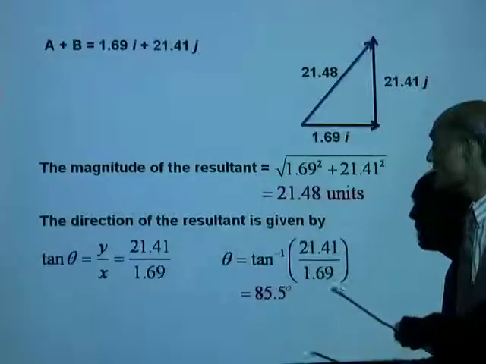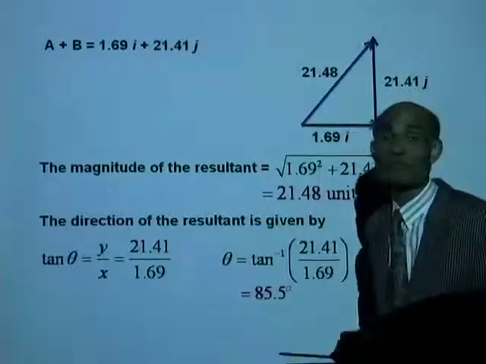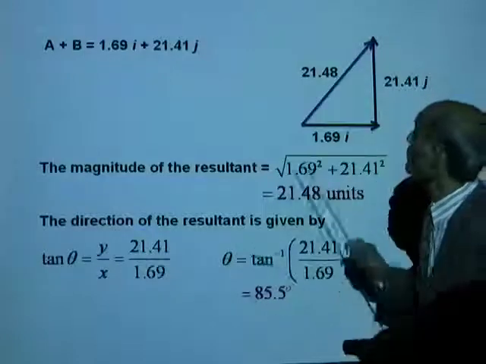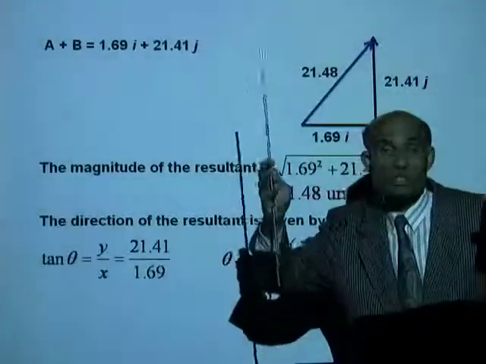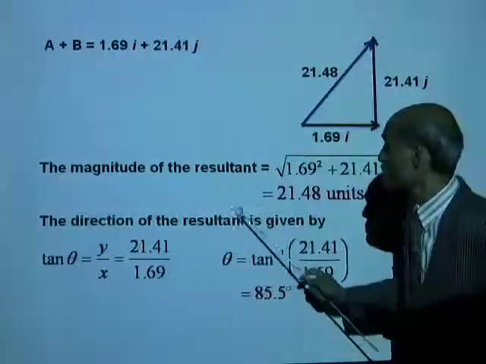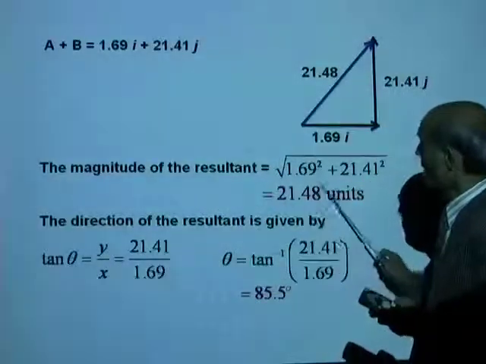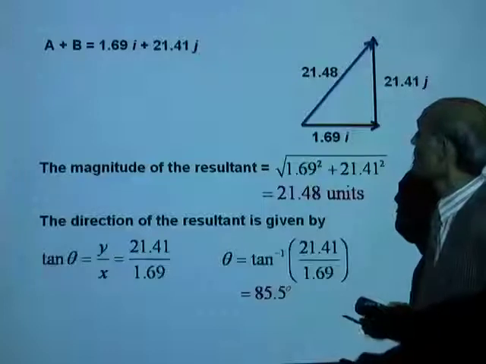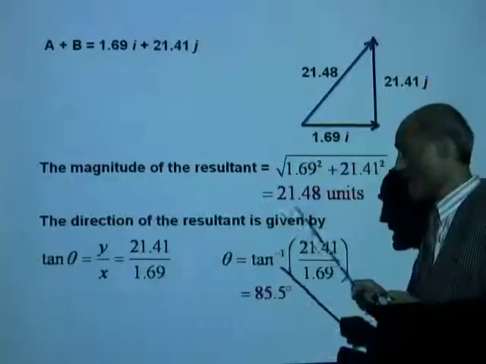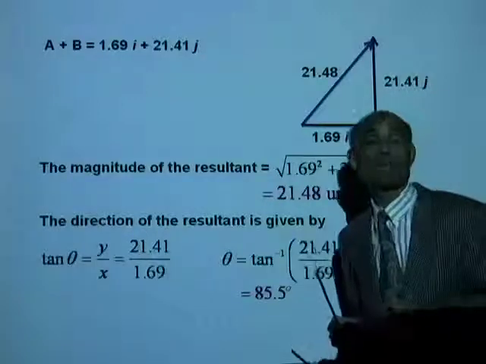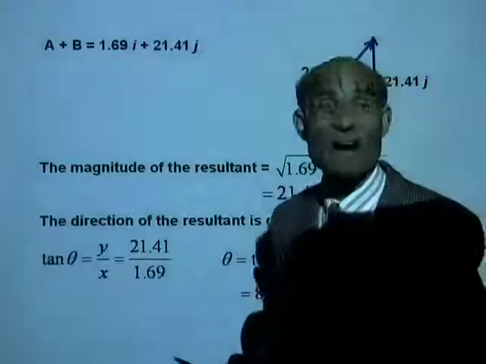That is 85.5 degrees. So the result of adding those initial two vectors is a single vector that has a magnitude of 21.48 units and an angle of 85.5 degrees.